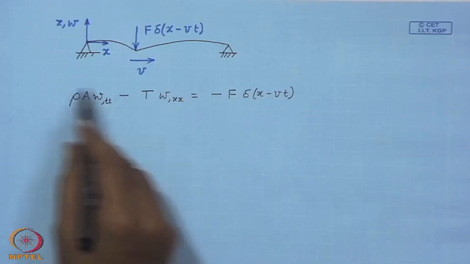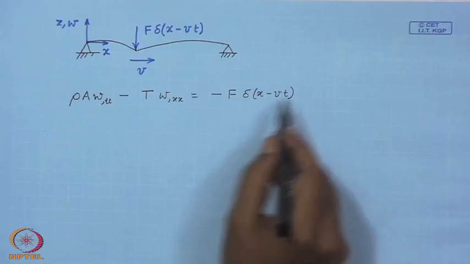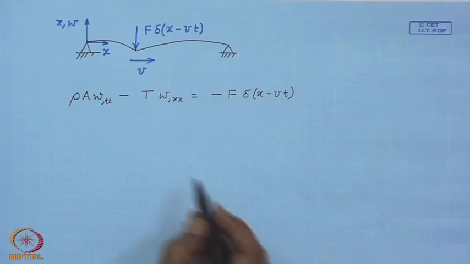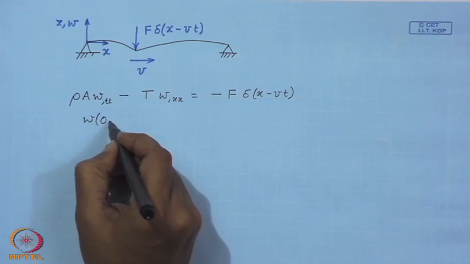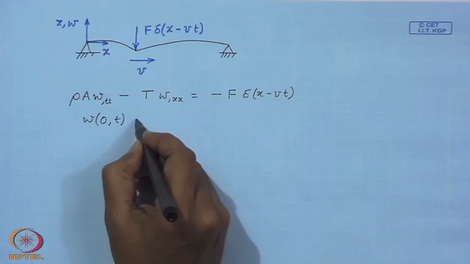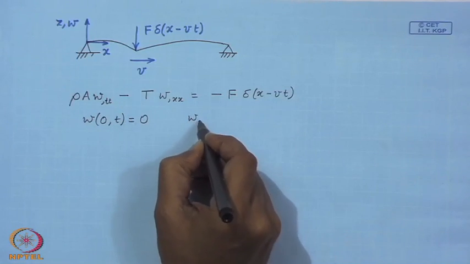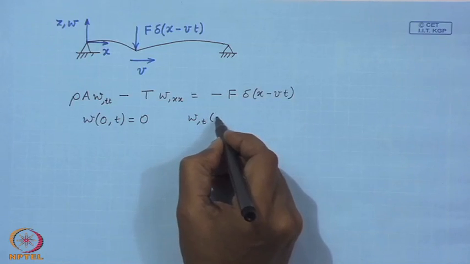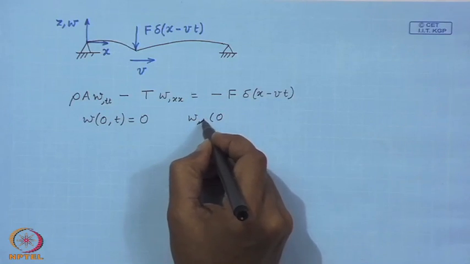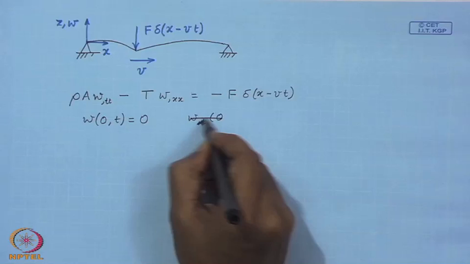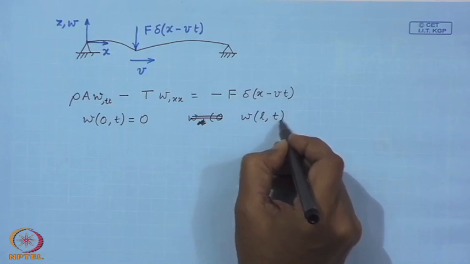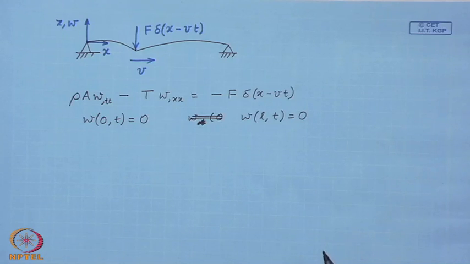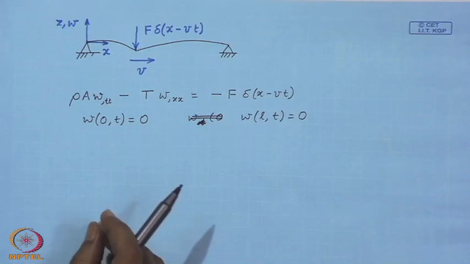So, we have the string equation of motion with this forcing and of course, the boundary conditions. So, these are the boundary conditions and there can be certain initial conditions.